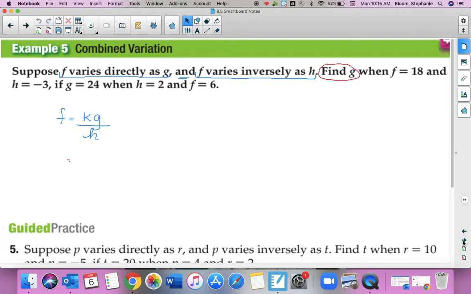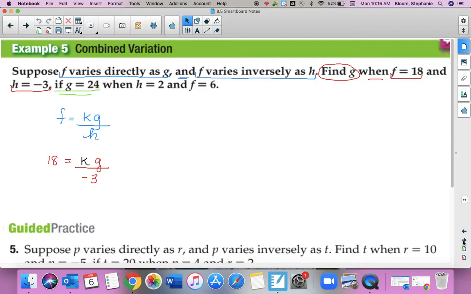So I'm going to leave g in my equation when f is 18 and h is -3. Now, the problem in this case is I don't know my k here, so I can't solve that equation because it has two variables.